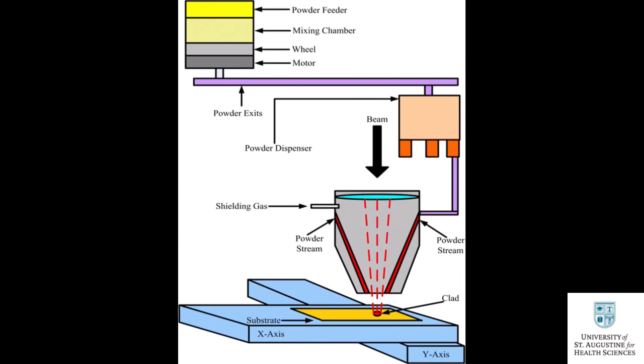The last 3D printer I will talk about today is selective laser sintering, also known as SLS printers. SLS 3D printers use a high energy laser to heat polymer powder to produce a solid 3D object.